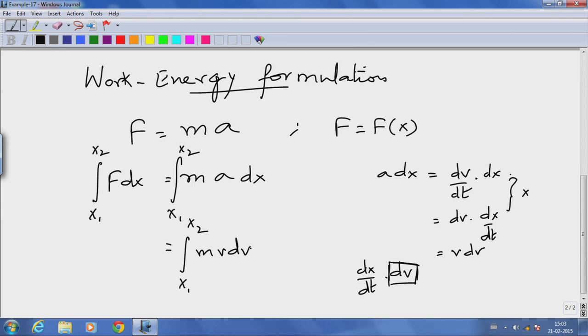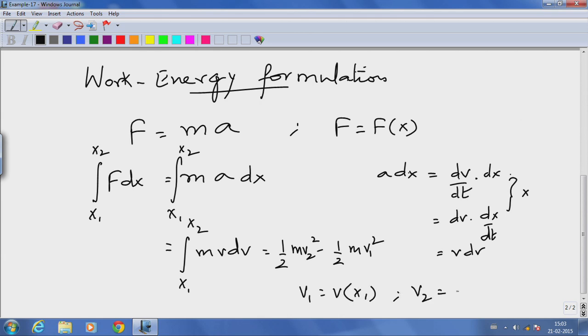So, if I replace a dx with v dv, what we end up finding is that this is equal to half m v2 squared minus half m v1 squared, where v1 is the velocity at x1 and v2 is the velocity at x2.